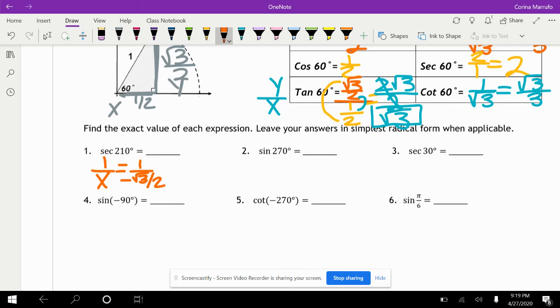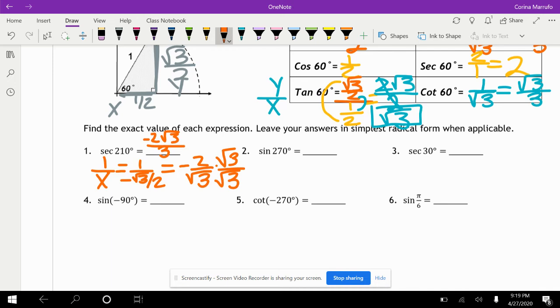Because it's a reciprocal, all you have to do is flip it around. So it becomes negative 2 over the square root of 3. And then we have to rationalize it, meaning we multiply the top and the bottom by the square root of 3, and we end up with negative 2 square root of 3 over 3.